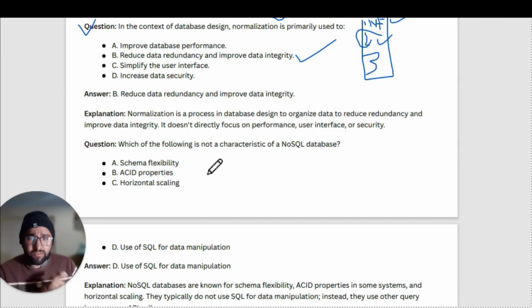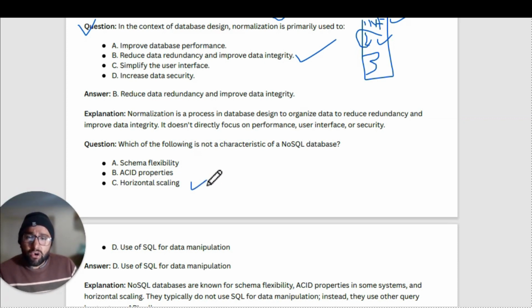Another question is which of the following is not a characteristic of NoSQL database? Schema flexibility is a basic characteristic of NoSQL. It ensures ACID properties, because without ACID properties you can't have a good database design system. Horizontal scaling and use of SQL for data manipulation.